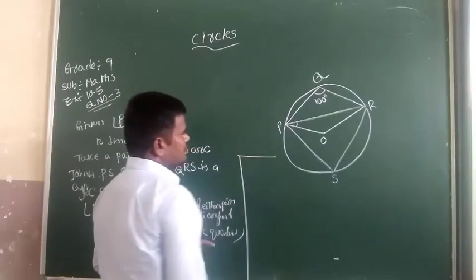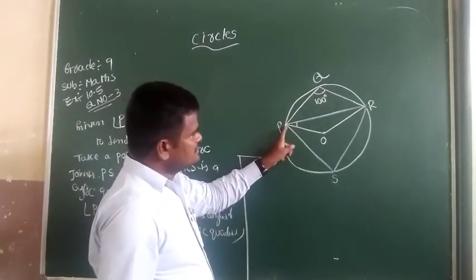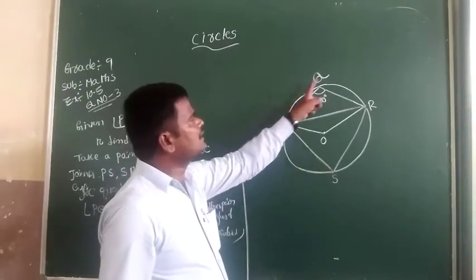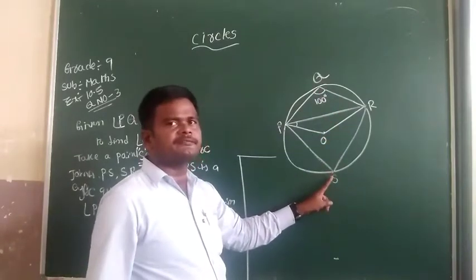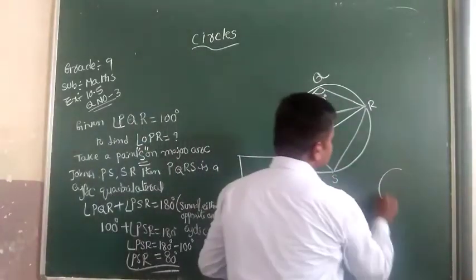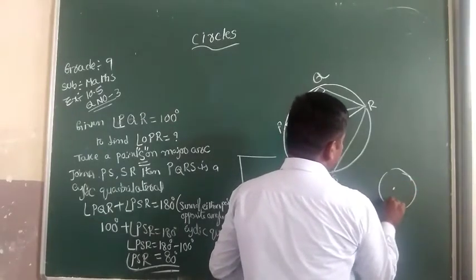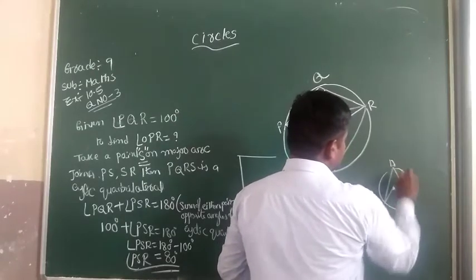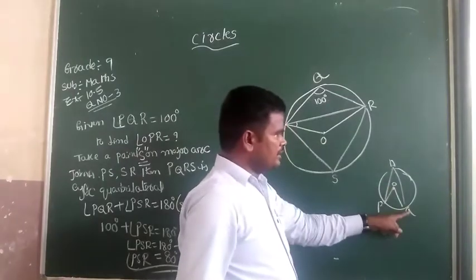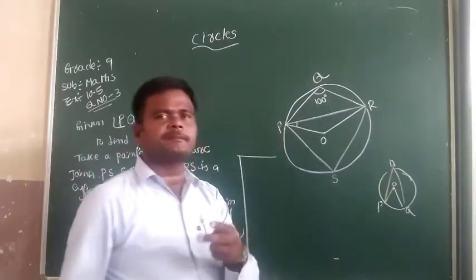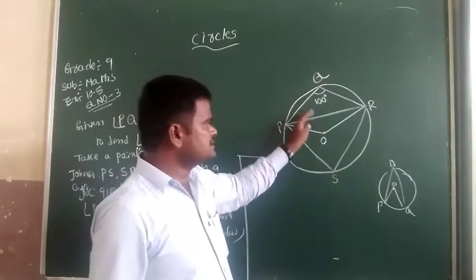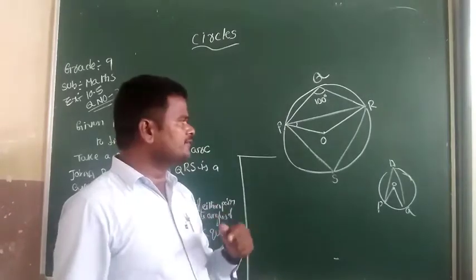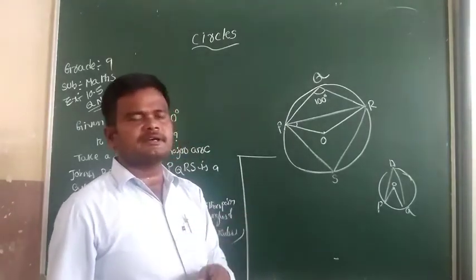So here we know this theorem, theorem 10.8: the angle subtended by an arc at the center is double the angle at any point on the remaining part of the circle.